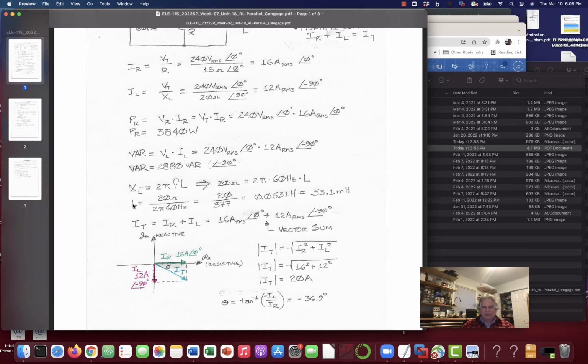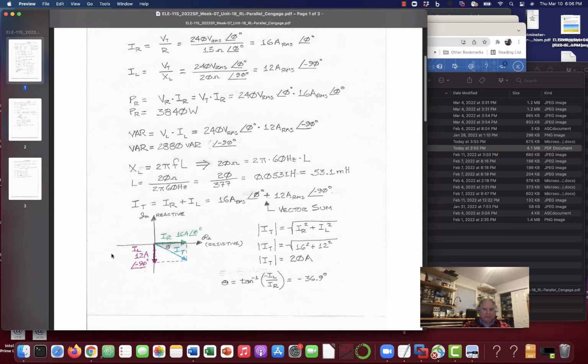So we can just work this equation backwards, and we find that L is equal to 20 divided by 377, which comes out to be 53.1 millihenries, or 0.0531 henries. This is actually a more proper representation, but either of these is good.